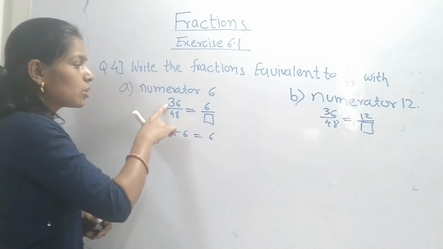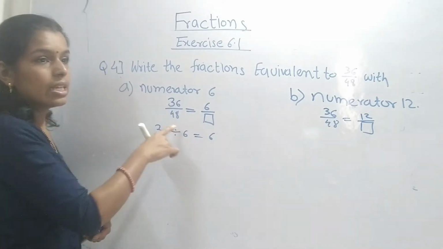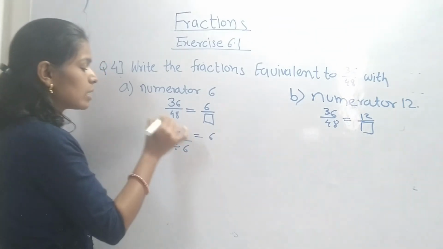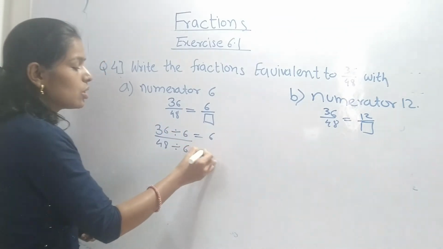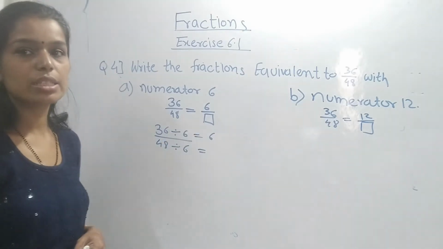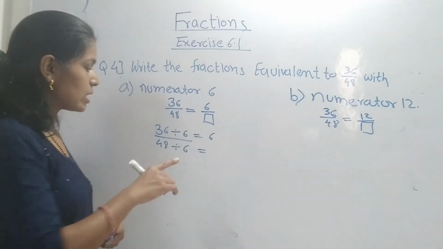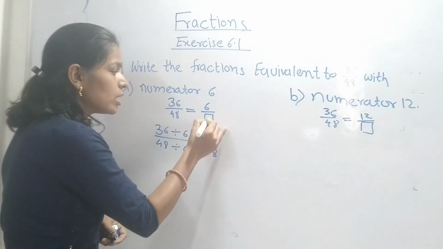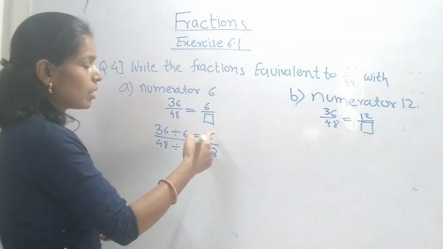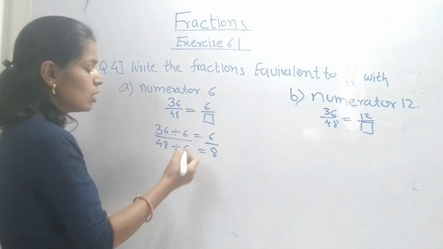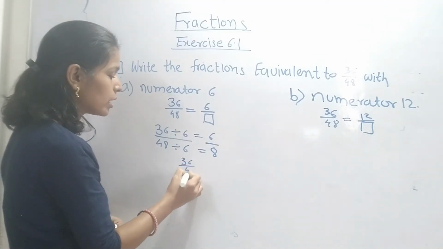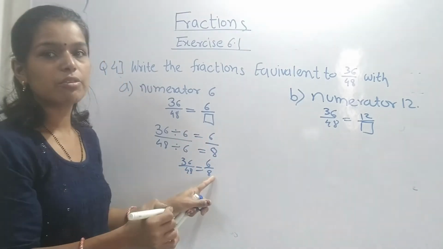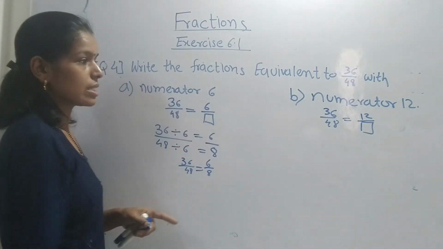So if you divide the numerator by 6, then also the denominator you have to divide by 6. So 36 divided by 6 and 48 divided by 6. 6 8s are 48, so the denominator will be 8. So 36 upon 48 is equivalent to 6 upon 8. This is the equivalent fraction with the numerator 6.